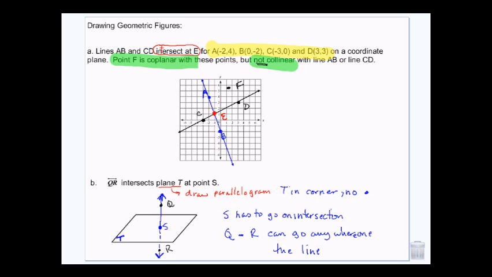That's me personally, but you don't have to. I could put R right next to Q if I wanted. Or I could put Q over here by S. It doesn't matter. Just so long as Q and R are somewhere on the line, S has to be on the intersection.